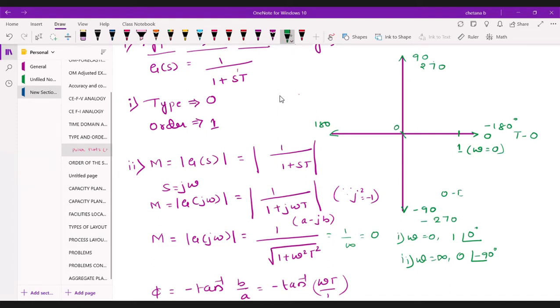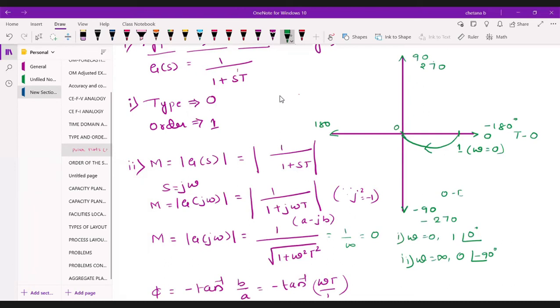So it is clear that you need to touch the minus 90 degree line for 0 magnitude, and this is type 0 order 1. So this plot has to lie in this particular quadrant. So this is the direction. This is the polar plot for type 0 and order 1. Okay, similarly we will see some more plots like this, then it is easy to solve the problem.